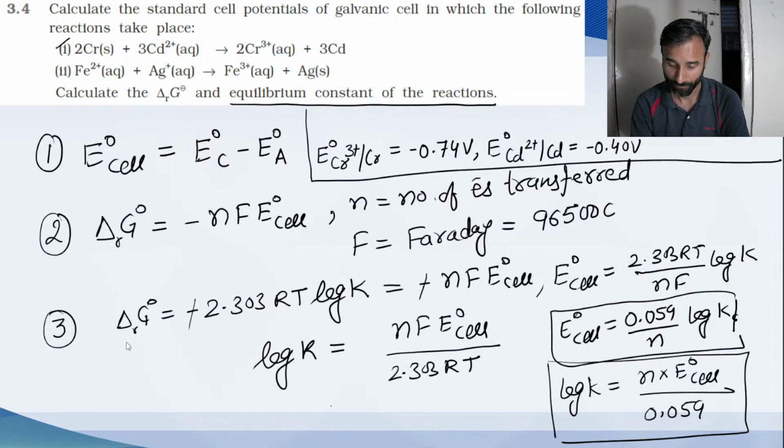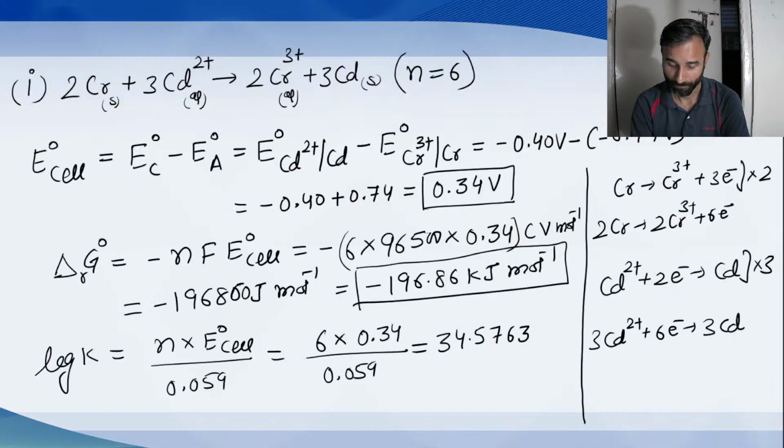So what is the value of K now? See, delta G naught equal to minus 2.303 R T log K. So log K equals, because minus minus cancel, 2.303 R T upon n F, it is 0.059 over n into E naught upon 0.059. Calculate K. E naught value is 0.34, n is 6, divided by 0.059.